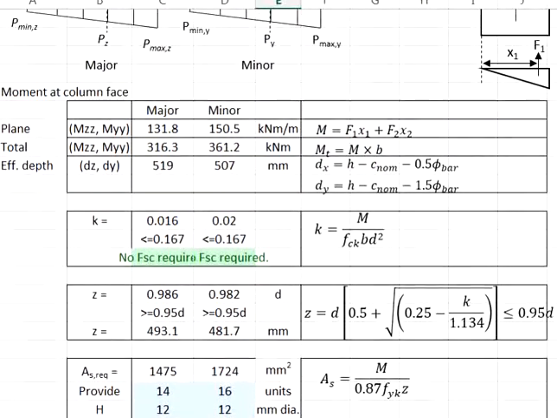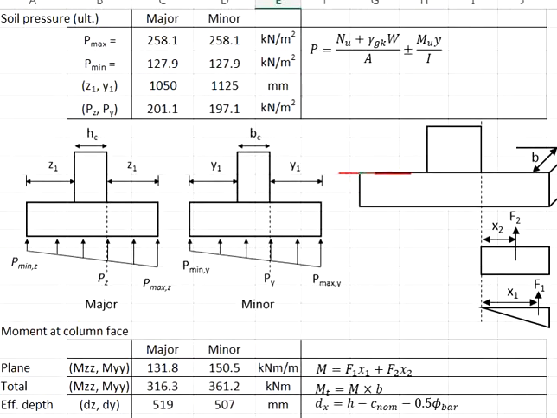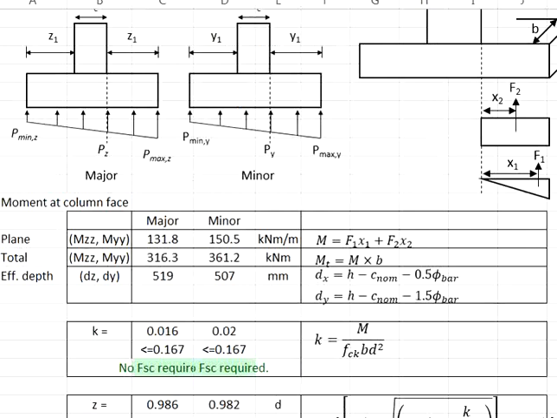In order to do so, we need to first determine the effective depth in both the major and the minor axis. The effective depth is determined from the top surface of the pad footing to the centroid of the reinforcement bar. This is calculated from the thickness of the pad footing minus the concrete cover minus half of the bar size of the reinforcement in the major axis, as expressed in the equation here.